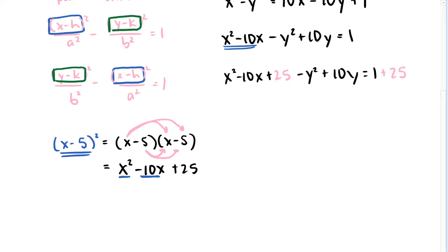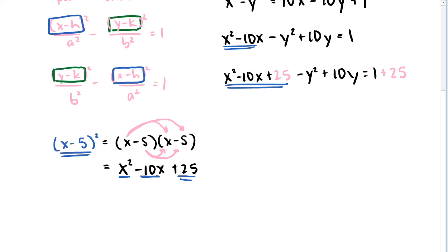And I'm just adding 25 to both sides. Well, all of a sudden, this x squared minus 10x plus 25 is exactly equivalent to this (x minus 5) squared. And so all this work was just to figure out what number we need to add to both sides of the equation so that we end up with this expression that I can rewrite as a square, as (x minus 5) squared. And this minus 5 was exactly the right number so that when I squared it out, I got this minus 10x.